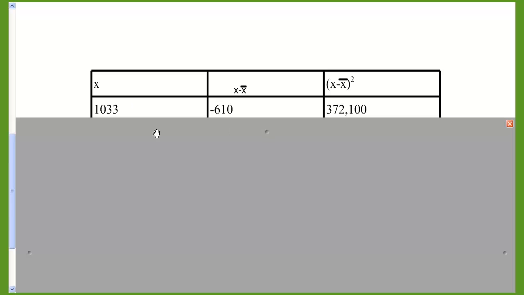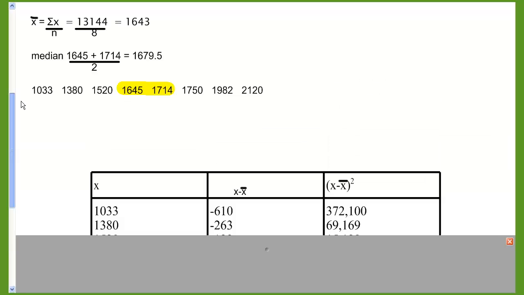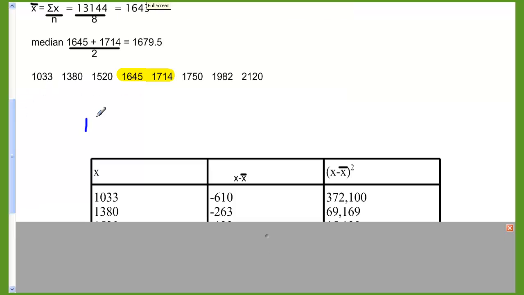So now I'm going to take a look here real quick. What I do is I take the first data entry and I subtract the mean from it, and that's what I get, and then I square it. And I do that for each data entry. I'll take the data entry, subtract the mean from it, and remember my mean is 1,643.